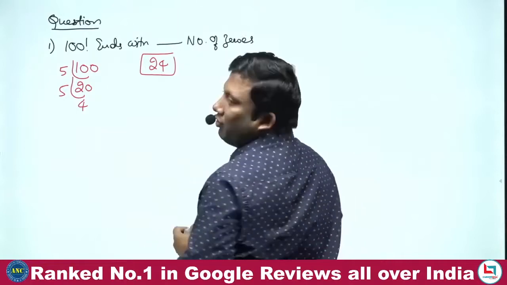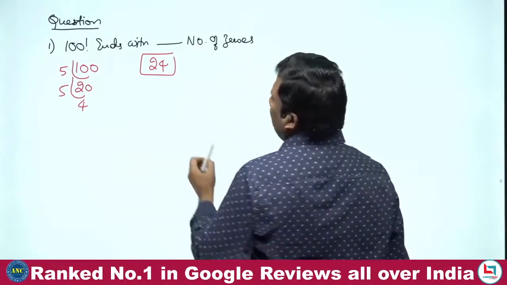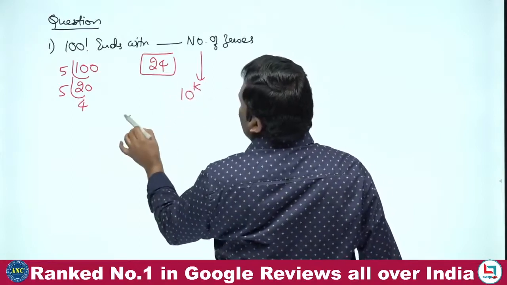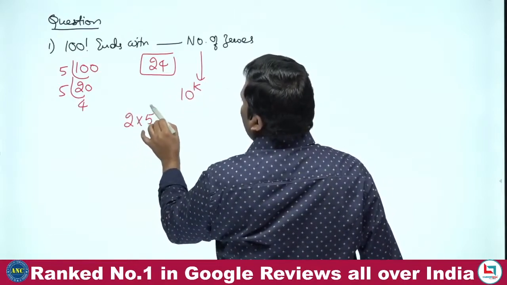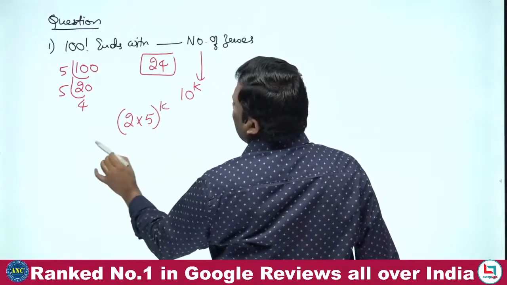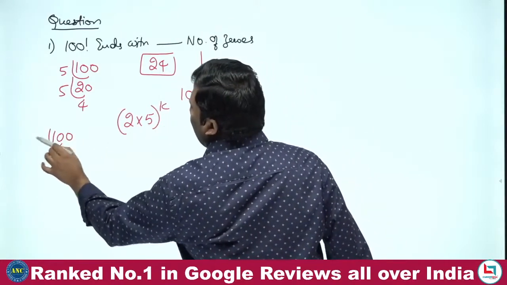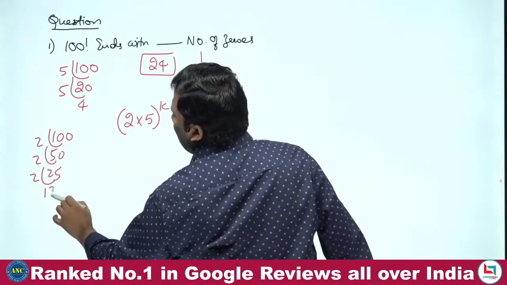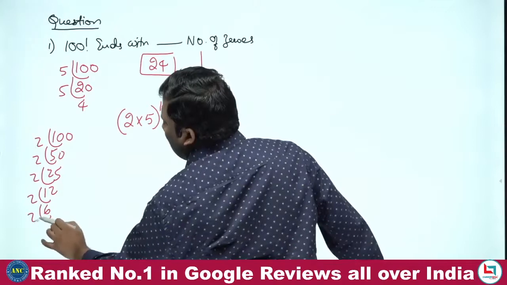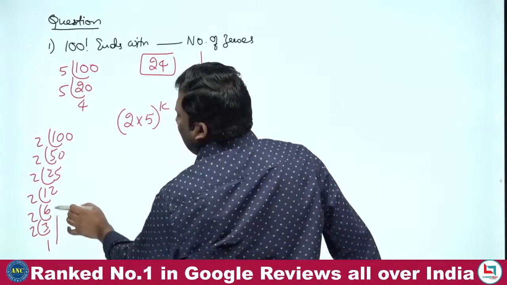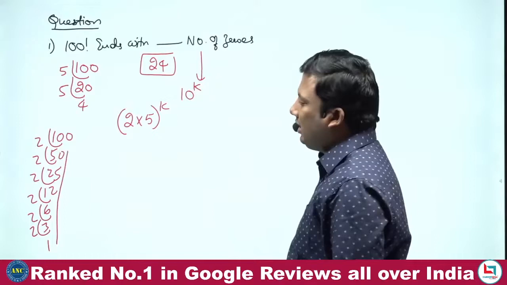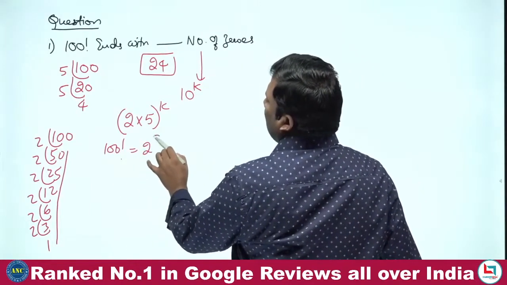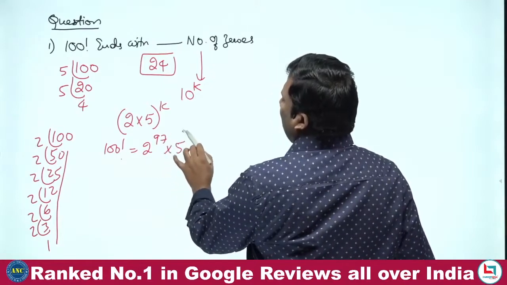Or in case you want a traditional method, the number of zeros at the end is the power of 10. 10 can be written as (2 into 5) power k. So in 100, how many 2s will I get? 50, 25, 12, 6, 3, 1. 50 plus 25 plus 12 plus 6 plus 3 plus 1 is 97. So 100 factorial has 2 power 97. 5 I got 24.